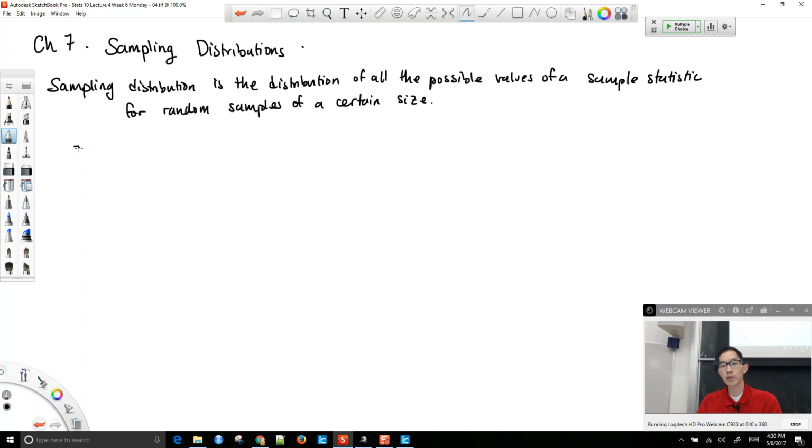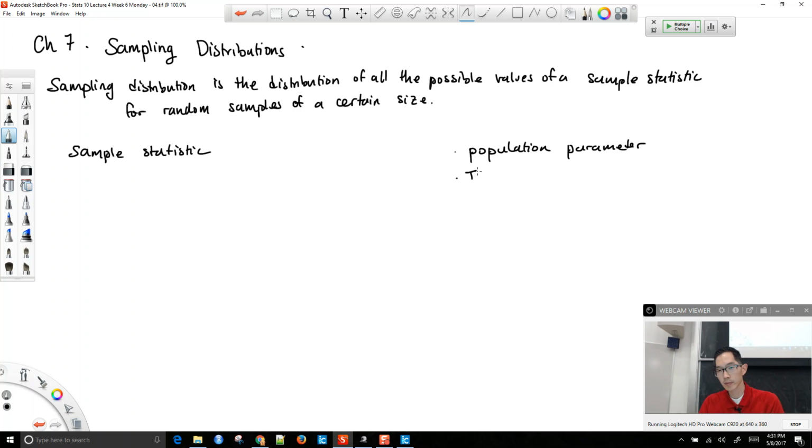So what is a sample statistic and how does it differ from a population parameter? Well, the population parameter is a property of the population.